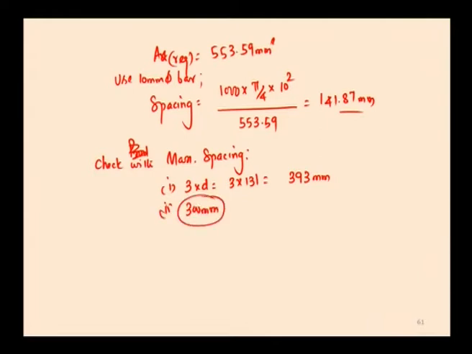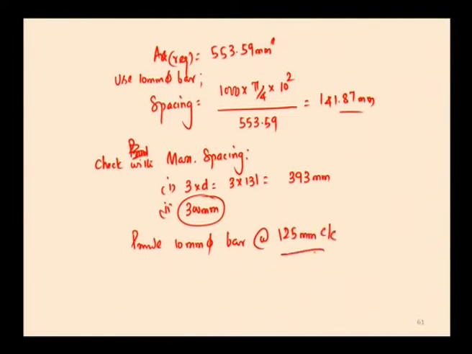So, the lesser value is 300, which is more than 141.87. I am adopting this for my design, that is I am providing 10 mm diameter bar at 125 mm center to center.